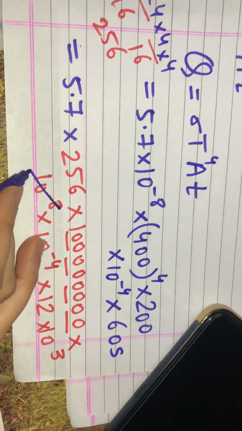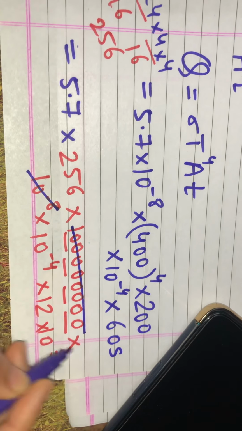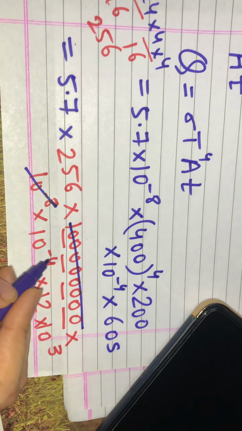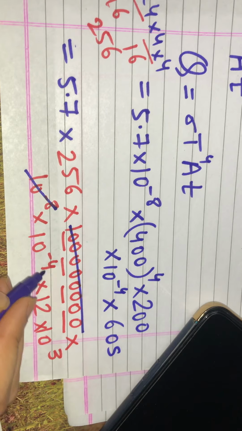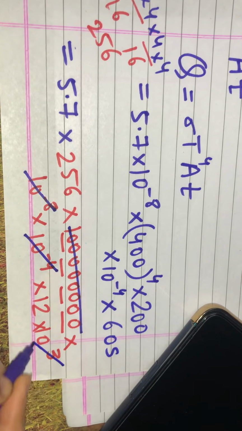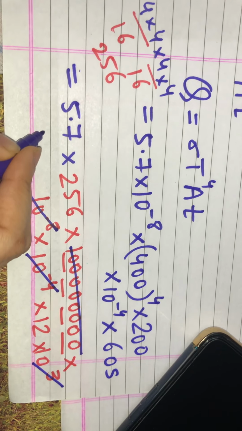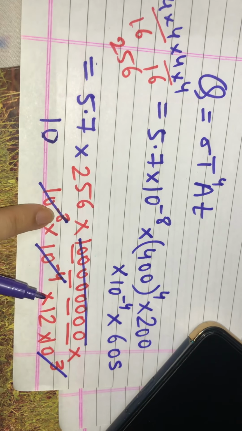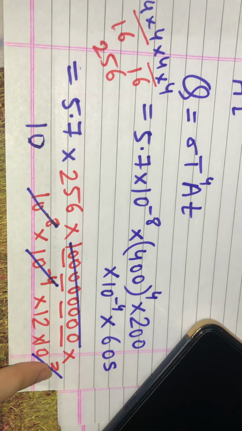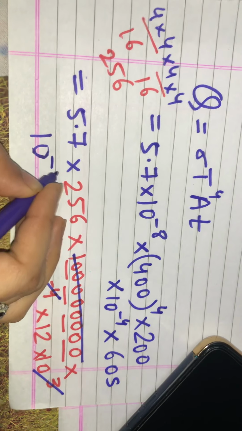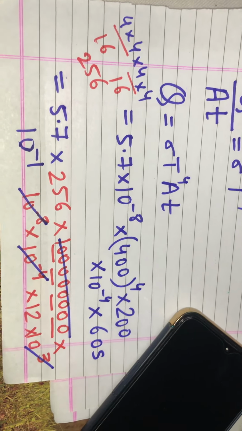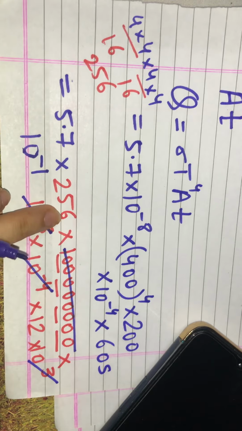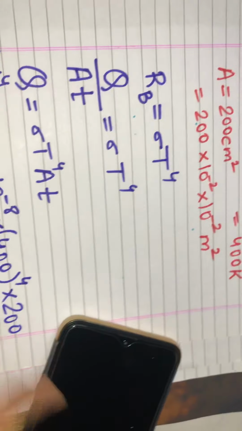Now this 10 raised to minus 8 gets cancelled. Now 10 raised to minus 4 and 10 raised to 3 get combined. So what remains with me? That is 10 raised to minus 4 plus 3, that is 10 raised to minus 1 is remaining with us. So now we have 5.7, 256, 12 and 10 raised to minus 1.